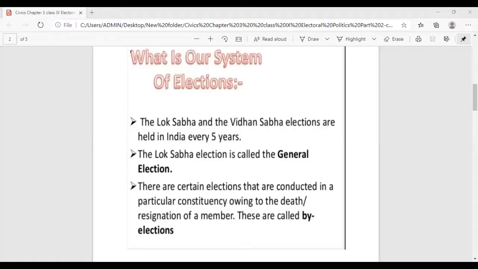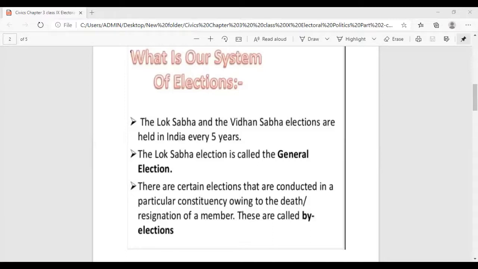However, this rule does not apply to the states which have a population lesser than 60 lakhs. Each state is divided into a specific number of assembly constituencies. Each elected representative is called an MLA, member of the Legislative Assembly.